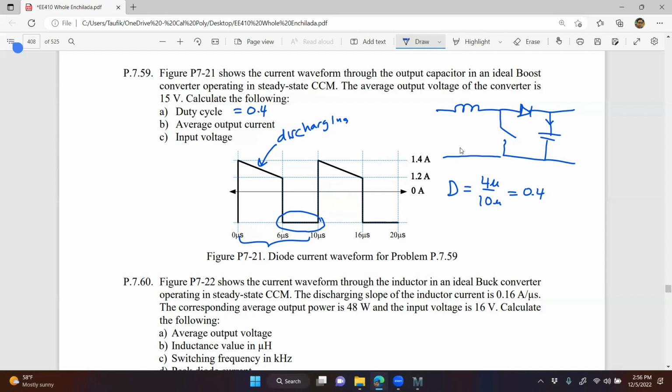How about part B, the average output current? It's whatever that offset is. So how do you find the offset? This is a good problem.